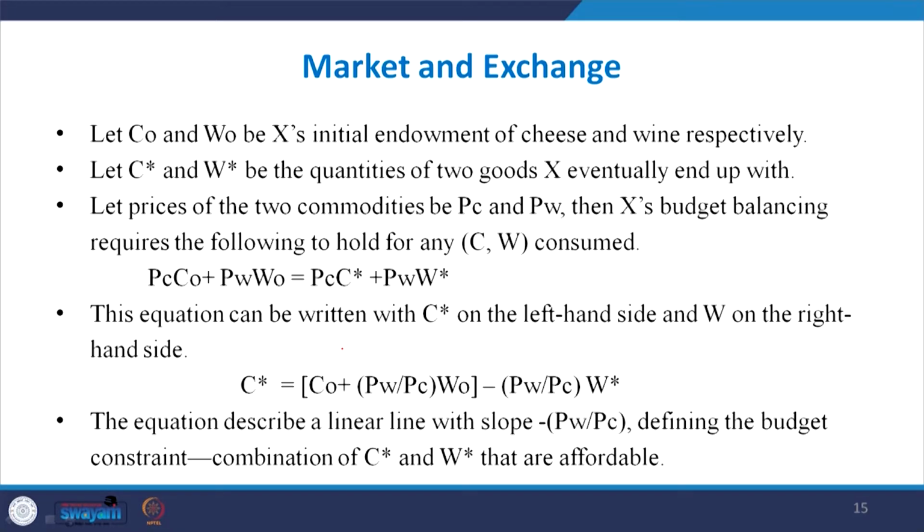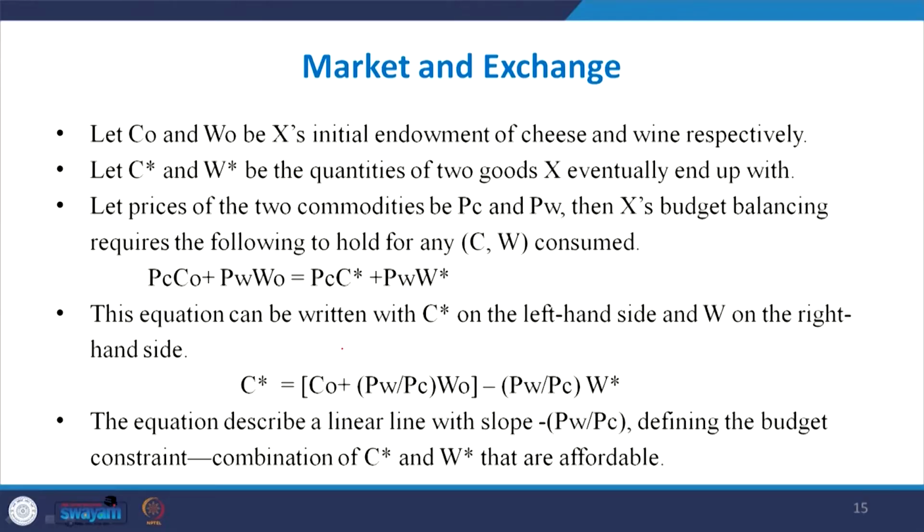But that is pure theory; if we want to introduce a market, then we should know the price of these two products. So, let us now introduce the market and then see the exchange of cheese and wine between the two persons X and Y.